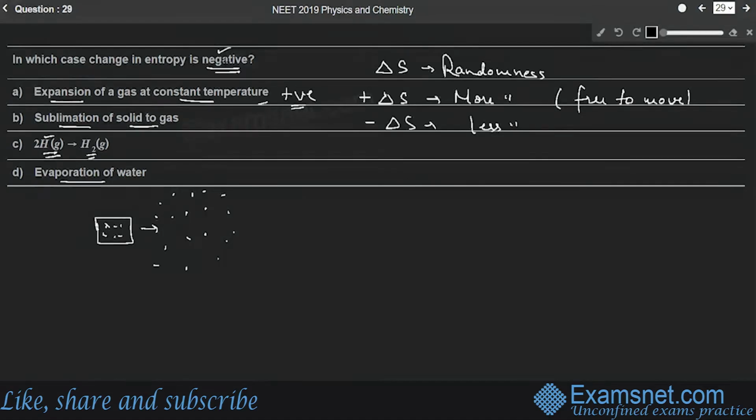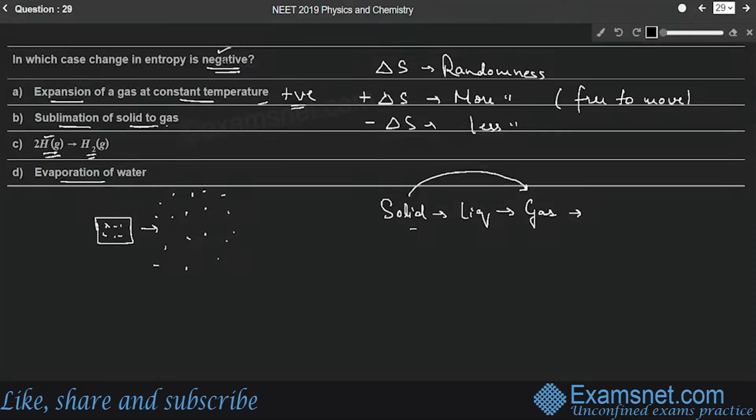Now, second one is sublimation of solid to gas. So here we just need to remember one concept, that whenever solid is converted to liquid, or liquid is converted to gas, or you can say when solid is converted to gas, what happens? There will be weaker interactions, okay, as compared to the initial interaction. Got it?